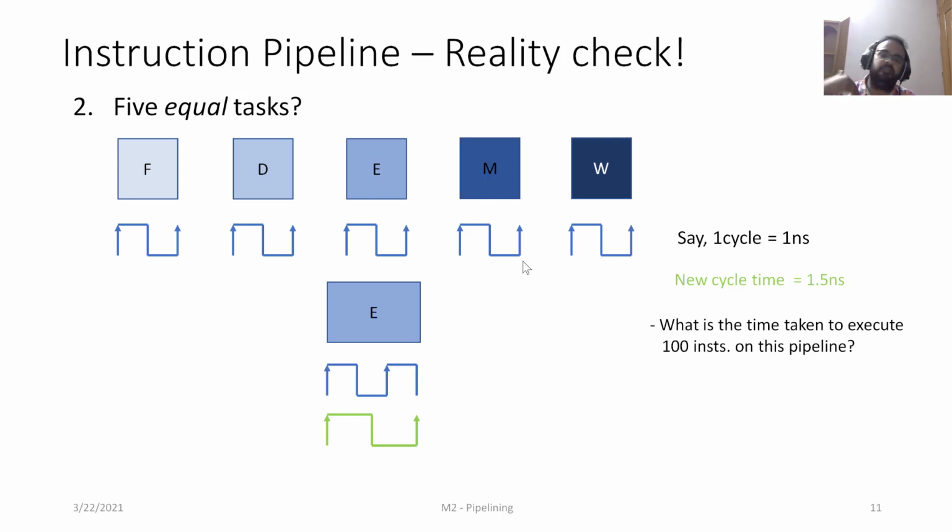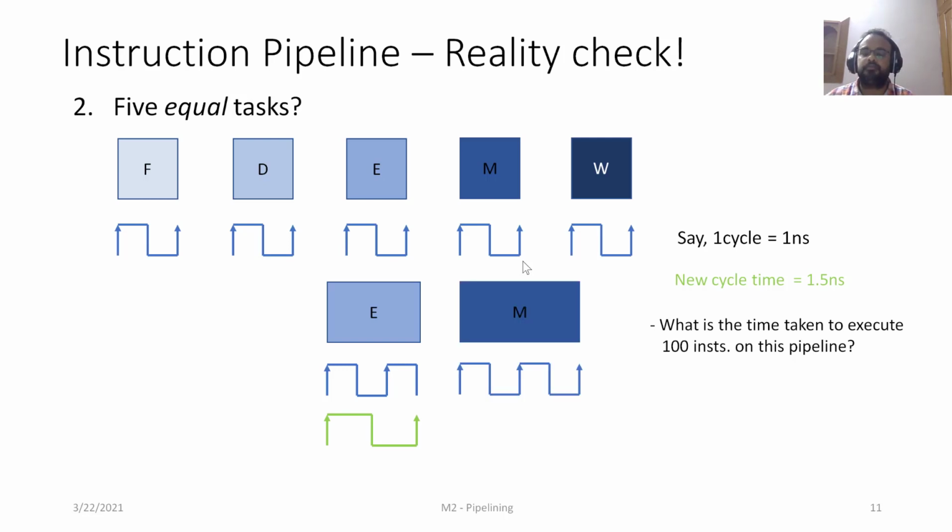So again, the speed up will drop further from the ideal speed up. And what if the memory takes 2 cycles? Then the new cycle time would be 2 nanoseconds. So accordingly, the speed up will reduce further.